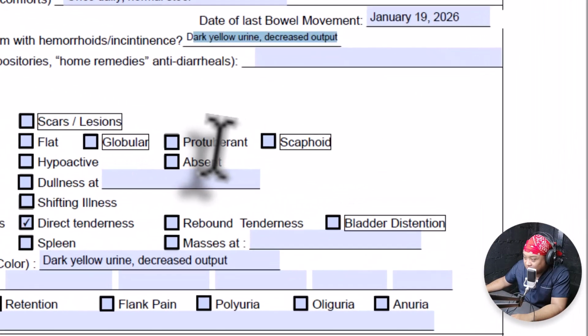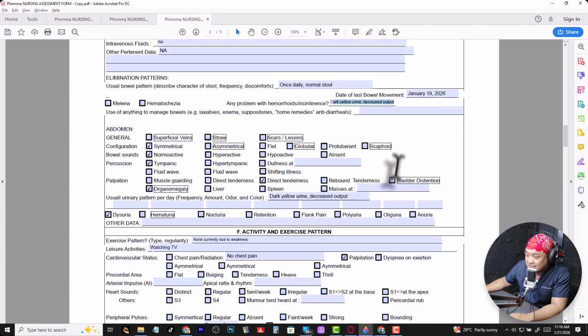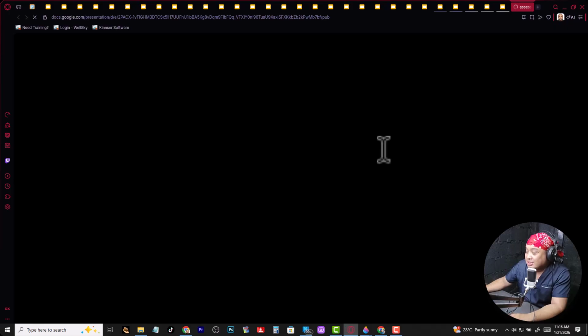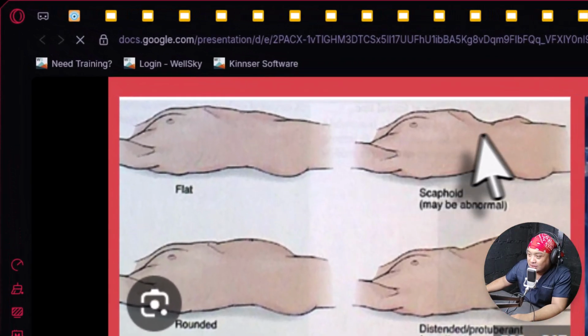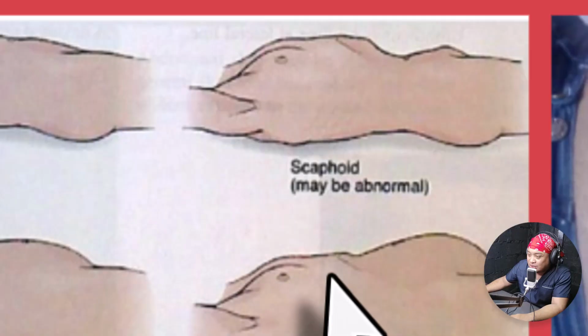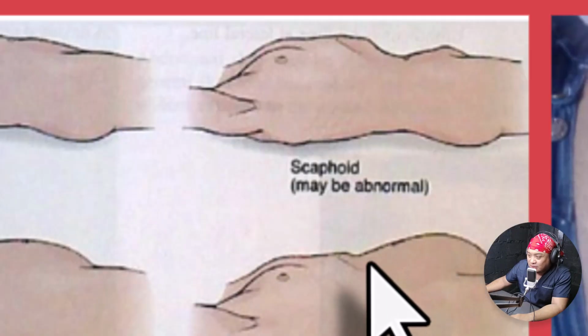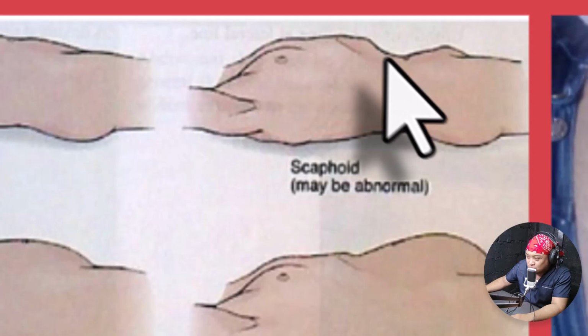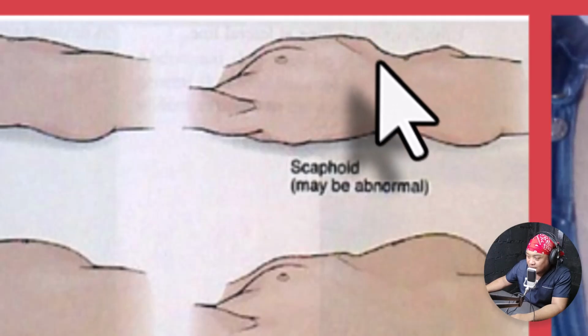Now, after the globular, we also have protuberant, and we also have scaphoid. So let's have a look at the scaphoid. I'm still loading there. So here you go. The abdomen looks a little bit sharp. Not really sharp, but the abdomen is smaller, and you can see the bones.